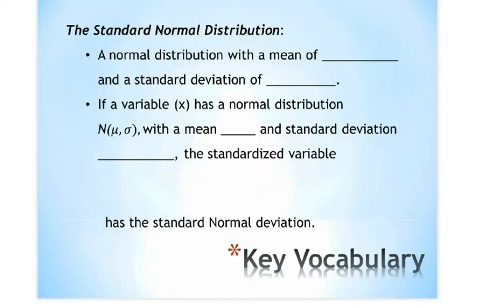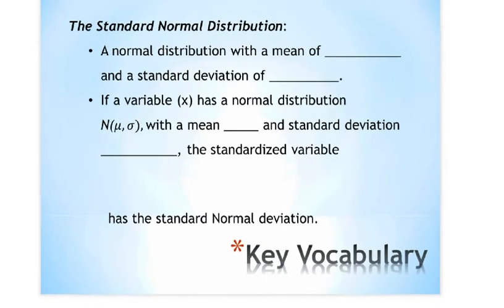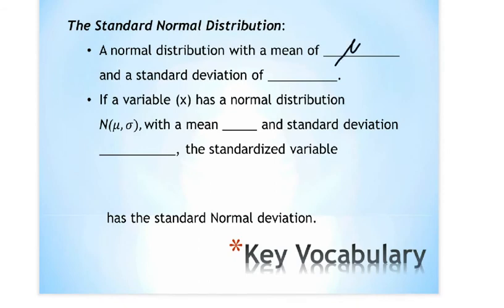All right, so let's talk about the standard normal distribution again, which we've already been talking about. Remember, we talked about this as a normal distribution with a mean of mu and a standard deviation of sigma. If a variable x has a normal distribution with a mean of mu and a standard deviation of sigma, then the standardized variable is z.